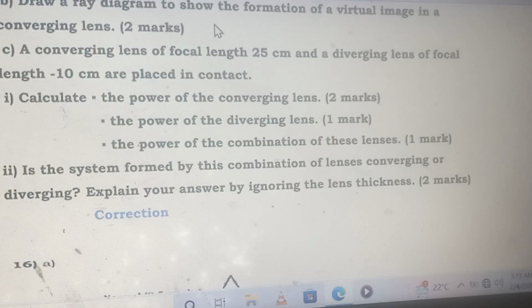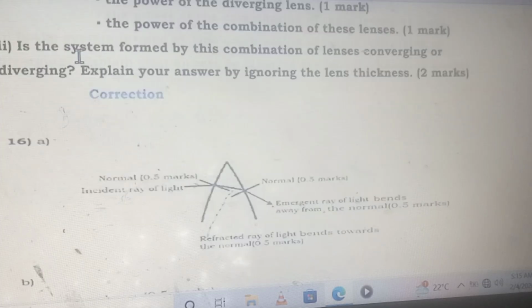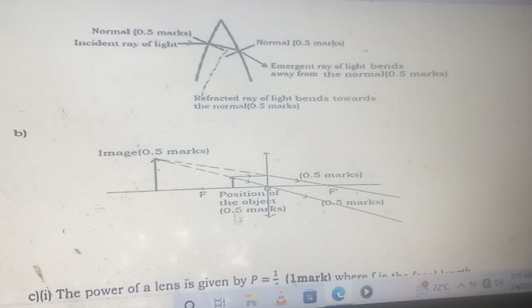B. Draw a ray diagram to show the formation of a virtual image in a converging lens. In order to get a virtual image, you must put the object between the optical center and the focal point, and use three rays. The first ray passes through the optical center and goes back itself.